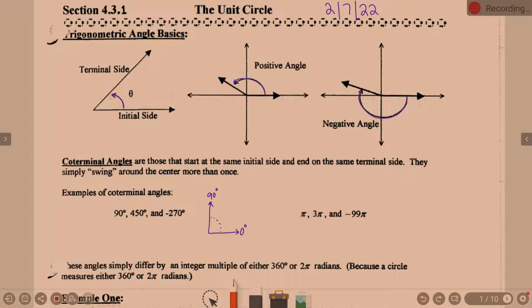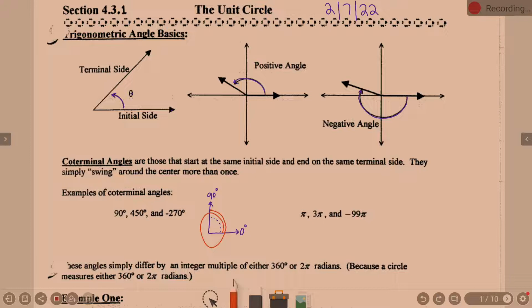So if I start right here and I go around the circle once, that's 360, yes? How much more till I get up to this terminal side here? That's another 90 there, isn't it? And what's 360 plus 90? There's your 450.